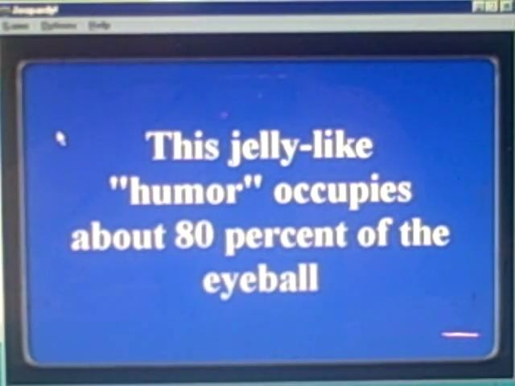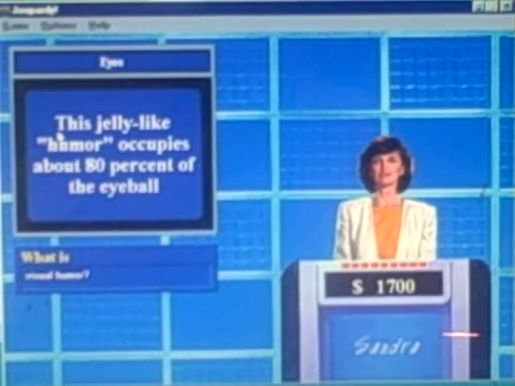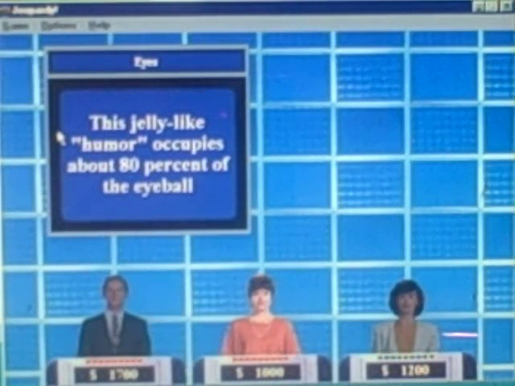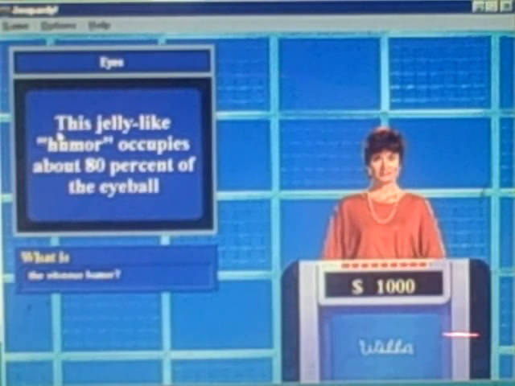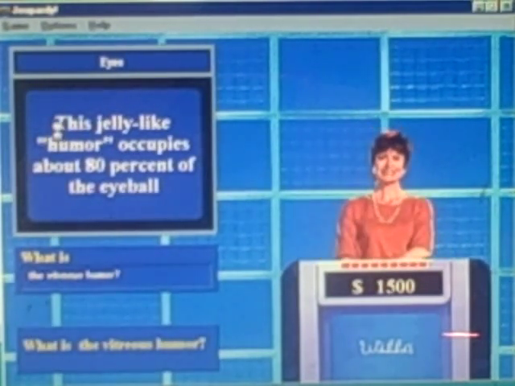This jelly-like humor occupies about 80% of the eyeball. Contestant number 3. Visual humor? No. Sorry, that's incorrect. Contestant number 2. The vitreous humor? Yes, that's correct.